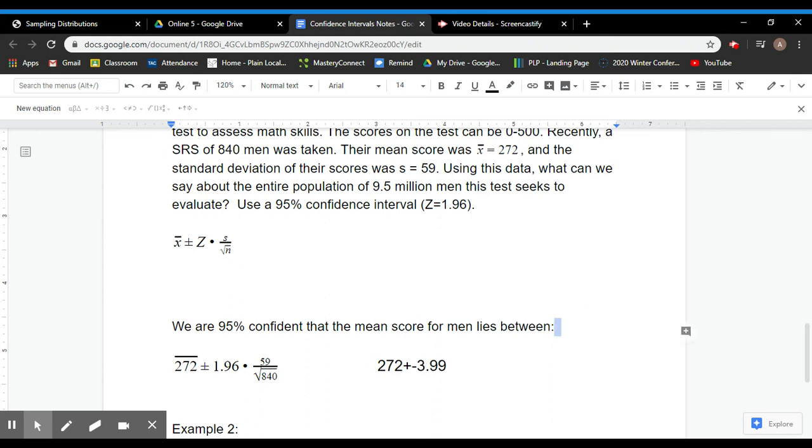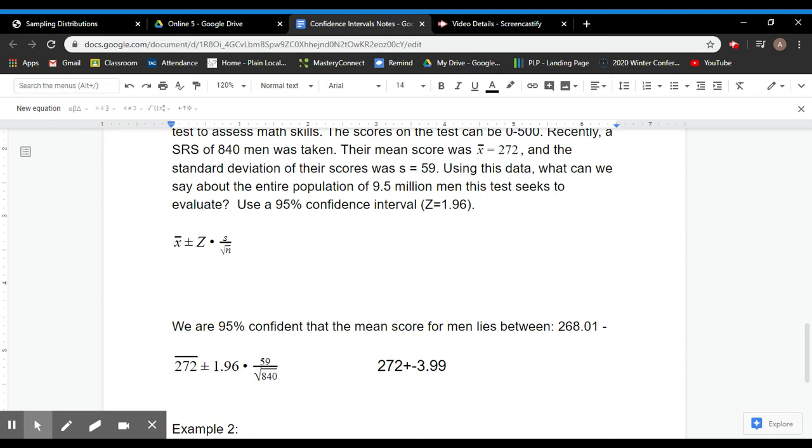All we have to do now is 272 plus 3.99 and 272 minus 3.99. When you're writing the interval for the answer, make sure that the lower number is first. So 272 minus 3.99 gives me 268.01, the low end of my interval.